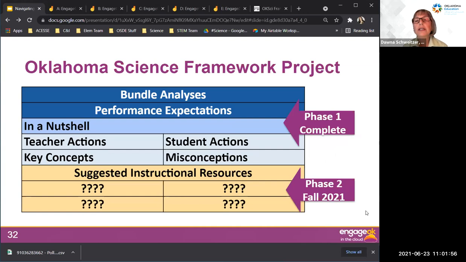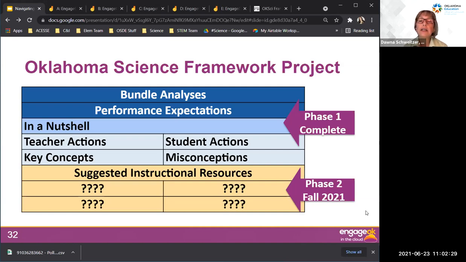Okay, the Oklahoma Science Framework Project. Initially we had to break it up in phases, and part of that has to do with how the grants are working and the monies that are available. And so phase 1 is now complete, and when you look at it today, what you're going to see is the performance expectations, of course, and those will be bundled, and you will see a bundle analysis introduction along with how the framework writers suggested they be bundled.